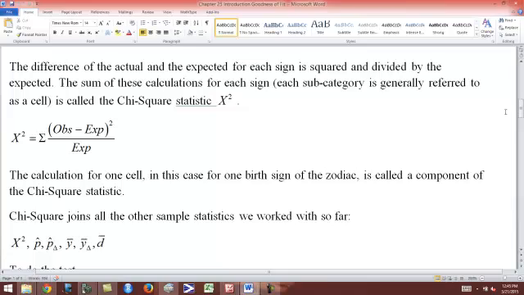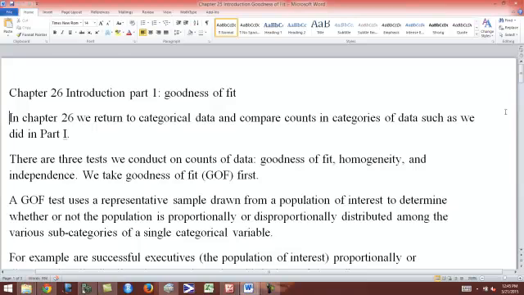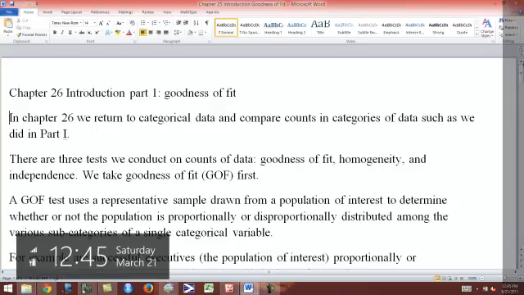All of these are sample statistics that we're going to run a test on. We're going to have hypotheses, and we're going to evaluate the probability of the statistic occurring, assuming the null hypothesis is true, and make a decision.